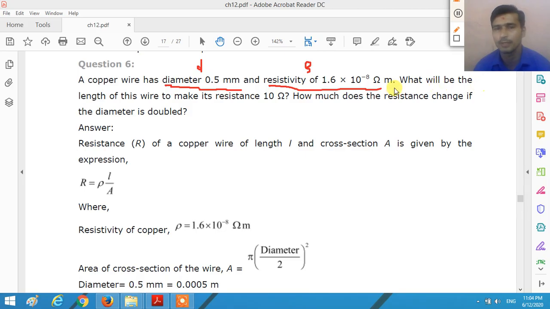What will be the length of the wire to make a resistance of 10 ohm, right?